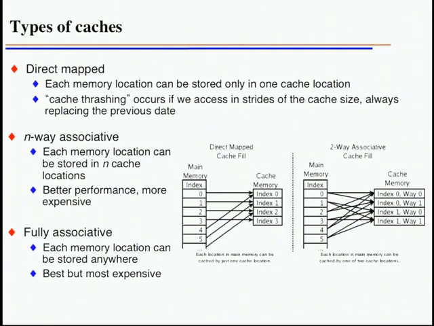And there, each address can be put in one of several locations, but not all of them, which would be the fully associative cache. All right, so typical today's caches are something like 8 ways associative or 16 ways or something. By that, you have to have a very special access pattern to have this problem of cache thrashing, and still the cost is not too high.